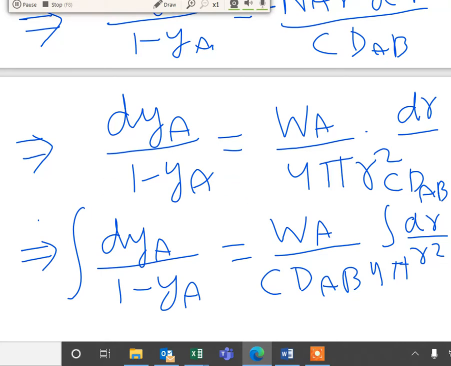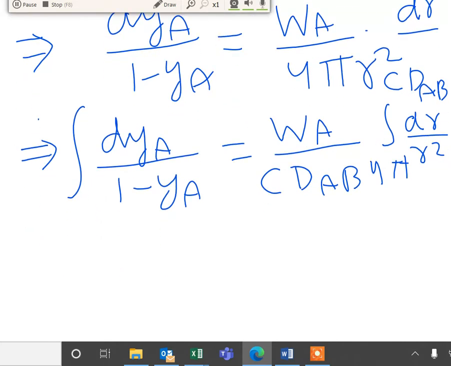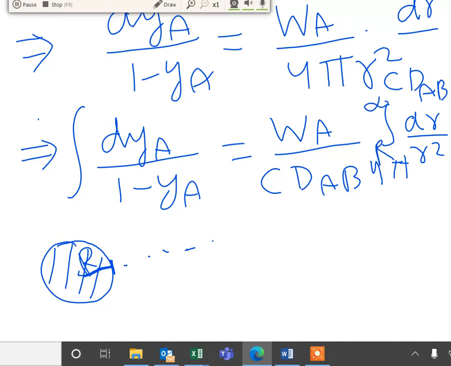From where to where do we integrate? Okay, the bulk here, it is diffusing, and this is R. So diffusing from here to the bulk. Bulk is away from the surface. So that is like infinity. So we integrate from R to infinity. And then yA is 0 at this point, far from the surface there is no A here, so this is 0.